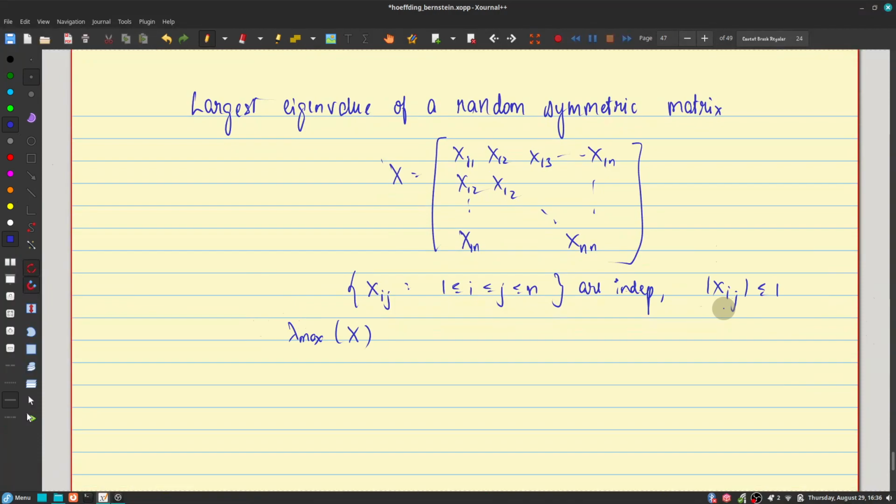What would be the largest eigenvalue of a stochastic matrix? You're close. Let's just take the all ones matrix. What would be the largest eigenvalue of the all ones matrix? N.